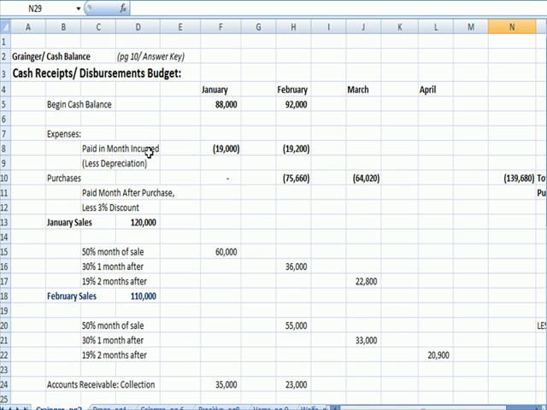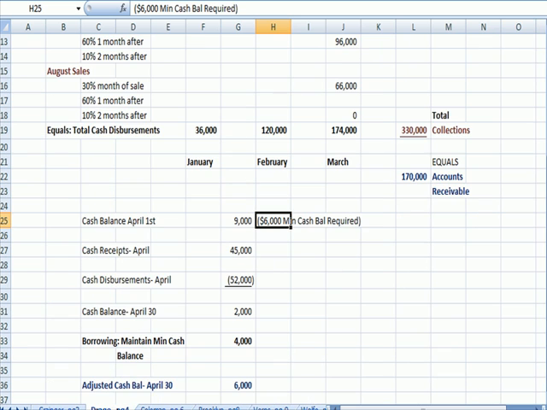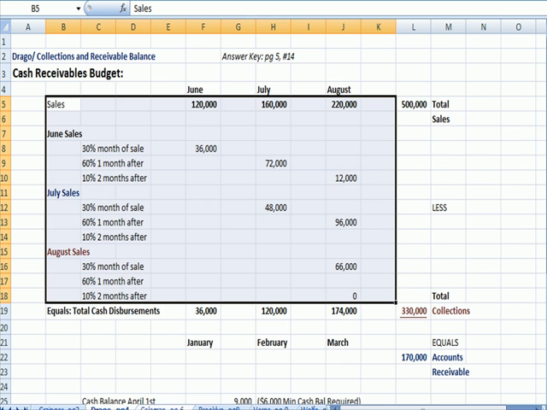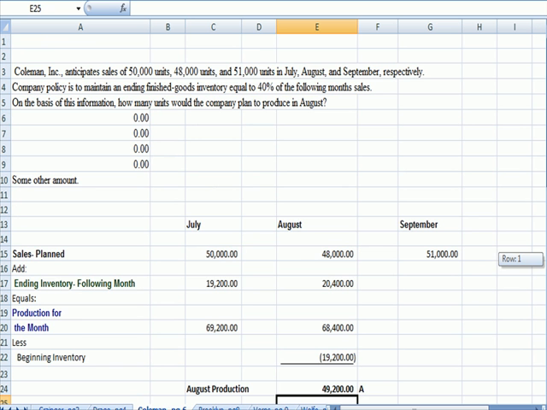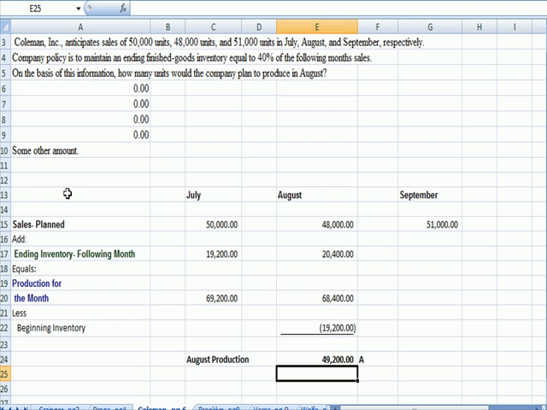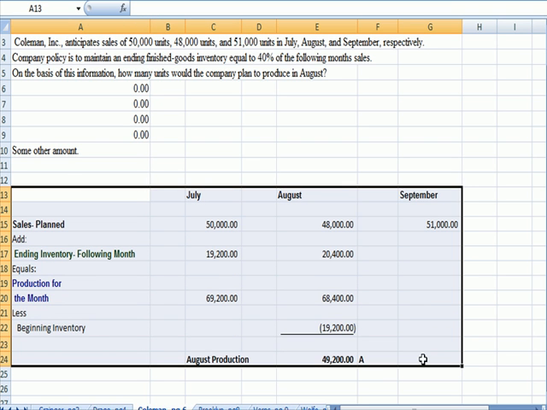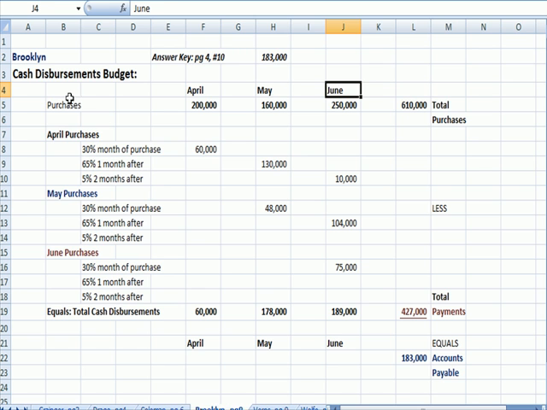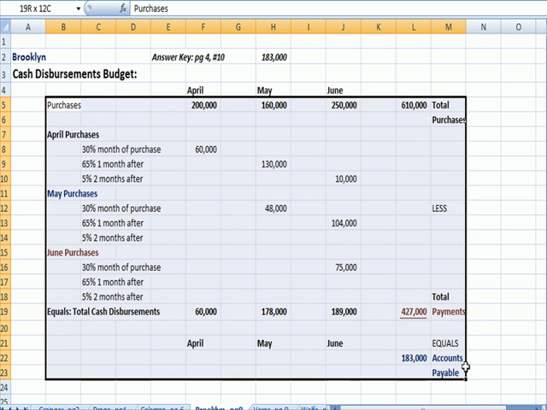So we had several examples. This was receipts and disbursements. The Drago example was just receivables. Coleman was planning production, August production. Brooklyn was just cash disbursements and payables.